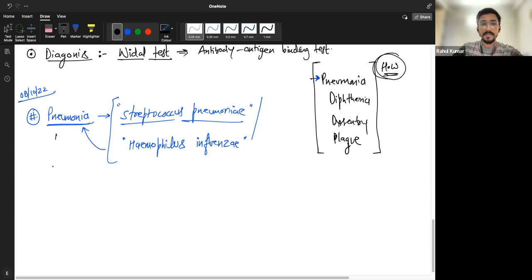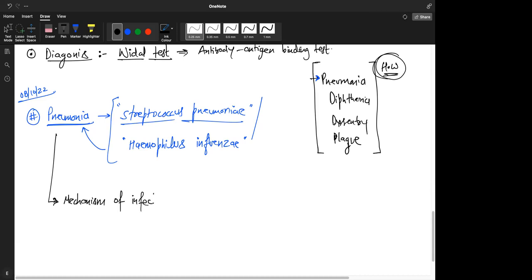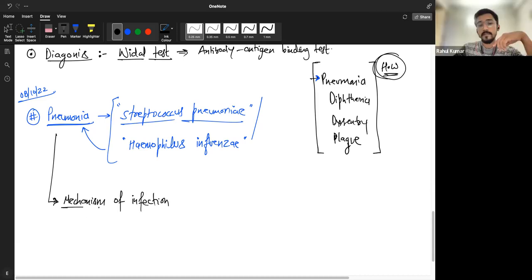What happens in the disease? Basically, the mechanism of infection. The lung sacs are filled with fluid. That's a symptom. You understand the difference between mechanism and symptom. Many diseases can share the same symptoms.